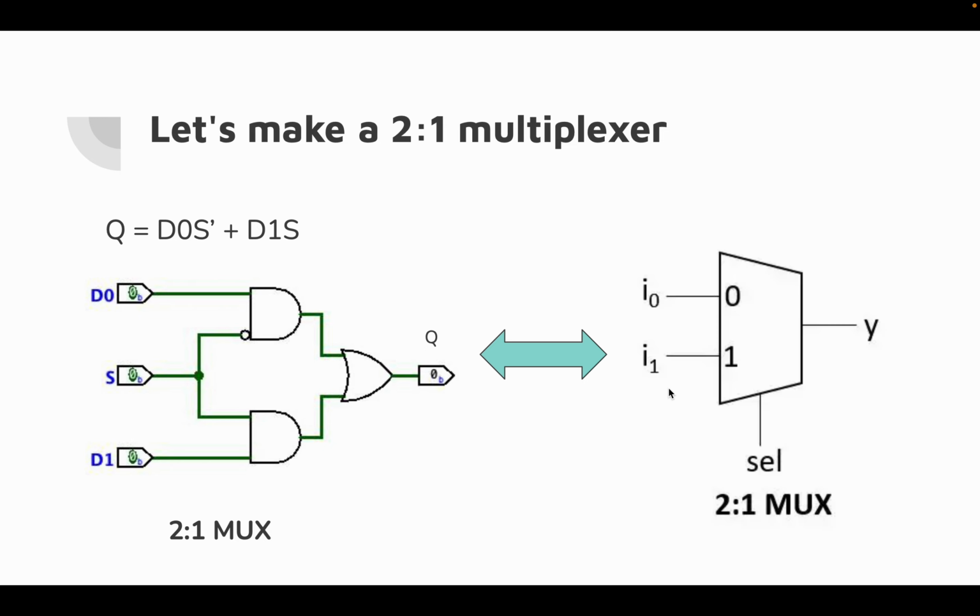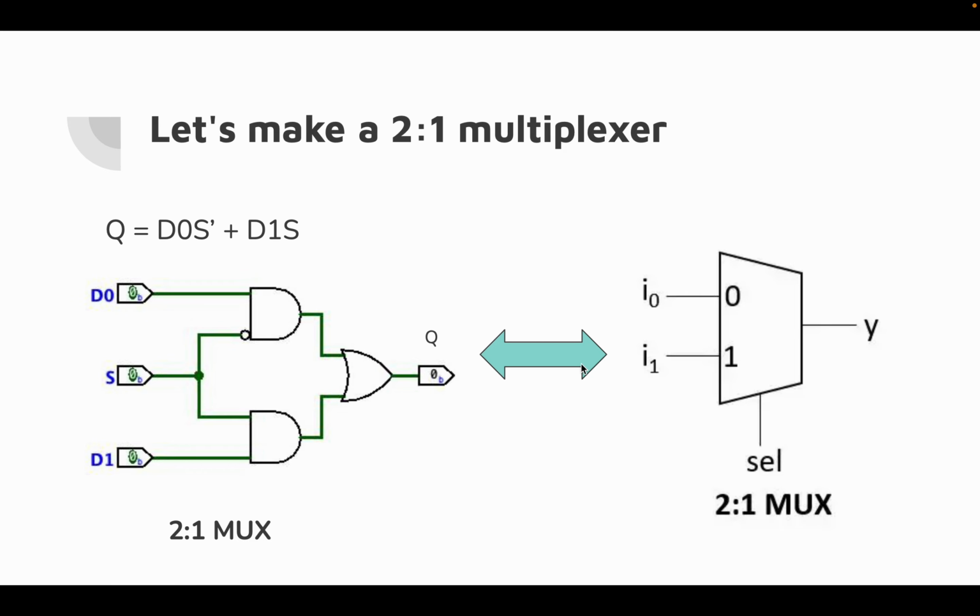Now the next thing I'm going to show you is that this multiplexer right here is basically the same multiplexer right here as well. And this one's going to be more of a pre-built one, and this one is just the more complex inside version of it. And as we can see here, I0 is basically our D0, I1 is basically our D1, and our Y is going to be our Q, and our selection is just going to be our selection point right here.